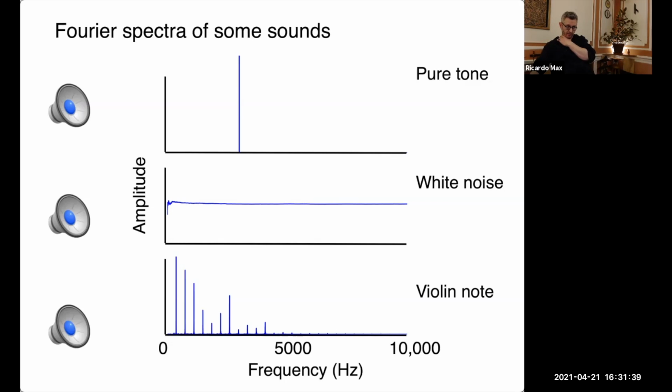White noise. Okay, so this is the Fourier representation, yes? White noise is the addition of a lot of sounds covering almost everything. It looks like a straight line because it's all the little different frequencies, all with the same amplitude.